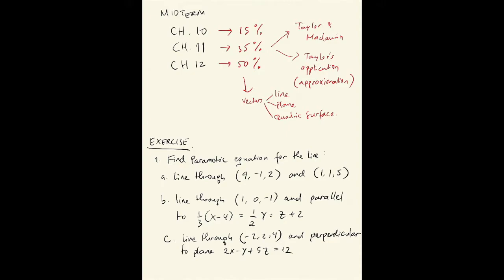Basically, this is not really complicated. It's just like a straight away answer. Okay, you can write all the questions first and then try to answer. I'll give you maybe 1 to 2 minutes. Okay, let me start with the A, line through these 2 points.